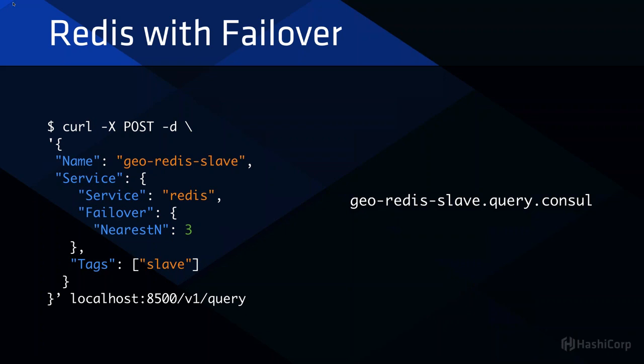When a client fetches that, it'll look for a Redis service instance locally, and if there aren't any available locally, it'll go out to the next 3 other data centers that it knows about in the WAN, and it'll do that in a priority order based on round trip time. We have a little more detail later about how the round trip time stuff works.